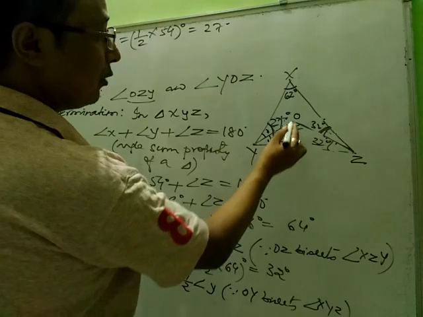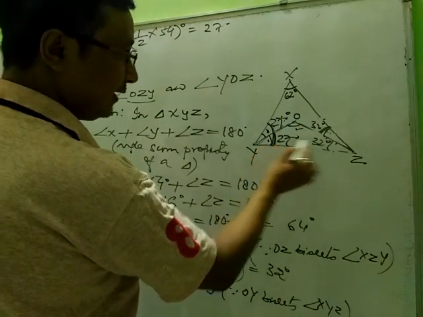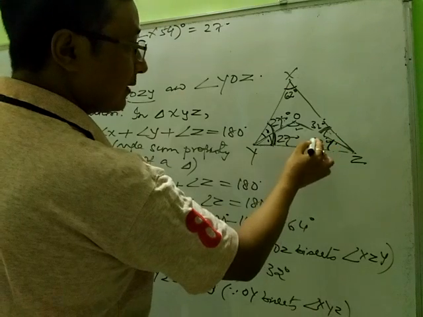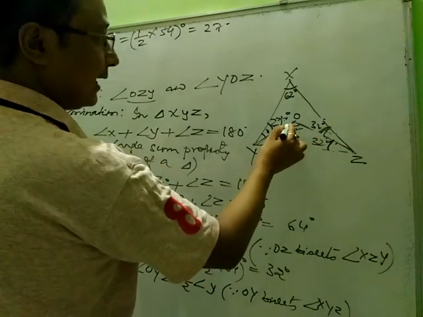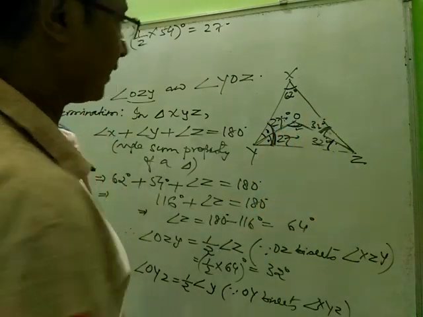Since in this triangle you got this part 27 and this angle 32, to get this angle you will use the angle sum property of a triangle.